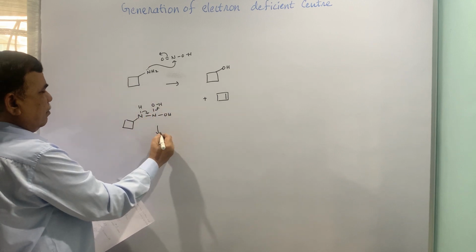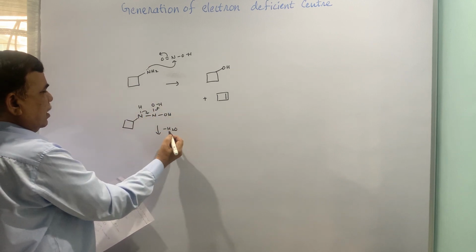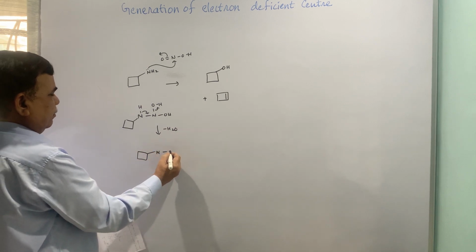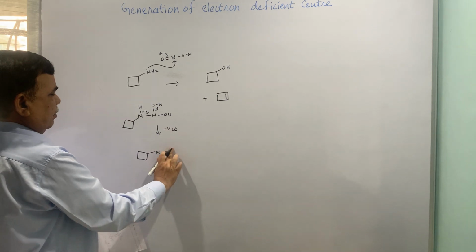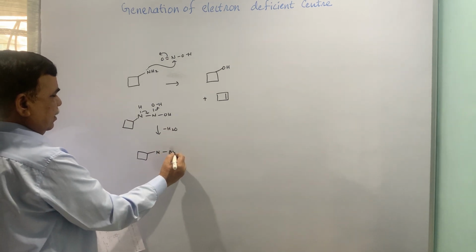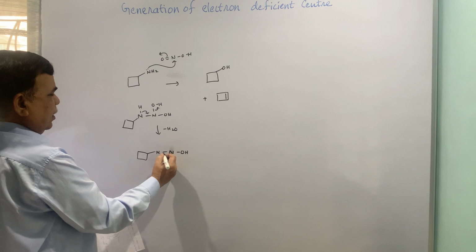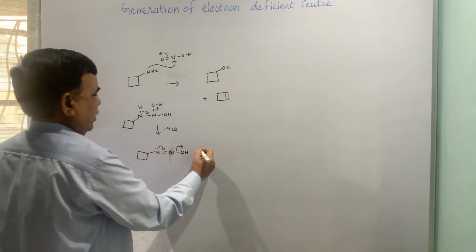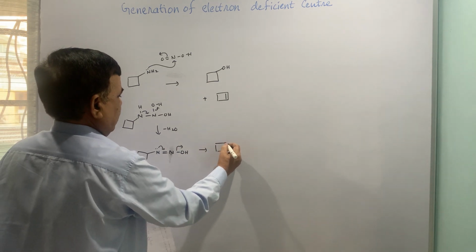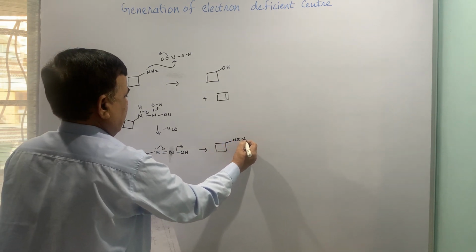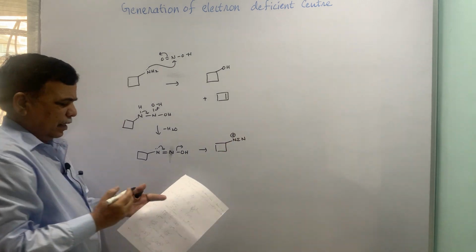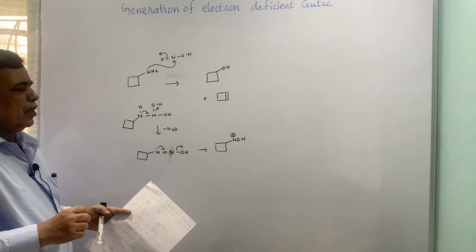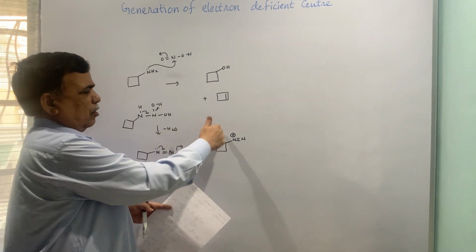Loss of proton, loss of water, of course it is initiated with acid, N-OH, double bond would be there, and then you get a diazonium salt. Now these alkyl diazonium ions are relatively less stable, and therefore they are liable to undergo loss of nitrogen.